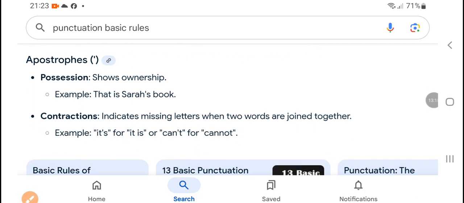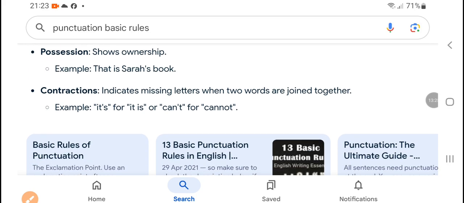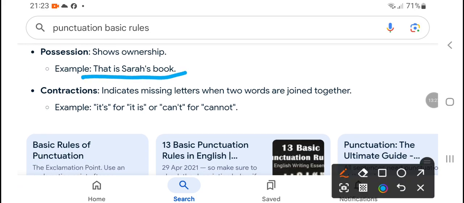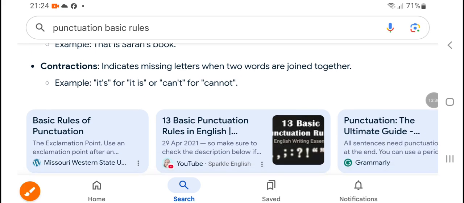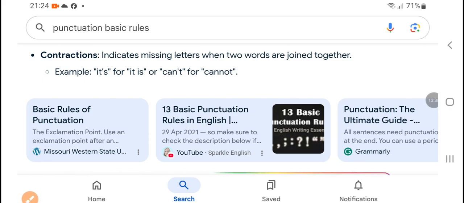Now the apostrophe. An apostrophe is used for possession, as we all know, to show ownership. So that is "Sarah's book." Here we have used an apostrophe. For possession, an apostrophe is used. Then contractions, the short form, indicate missing letters when two words are joined together.